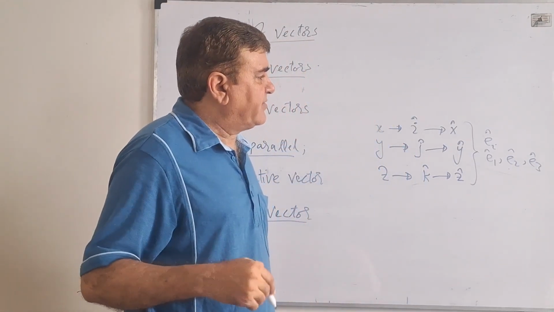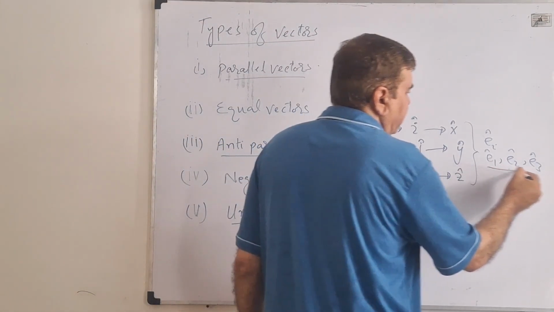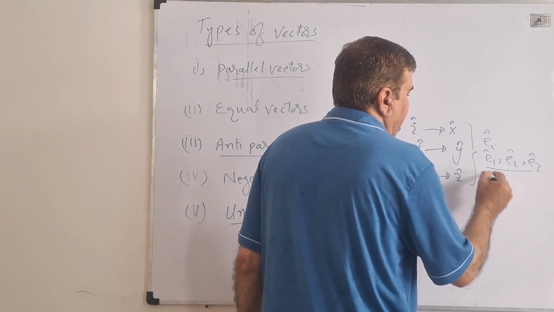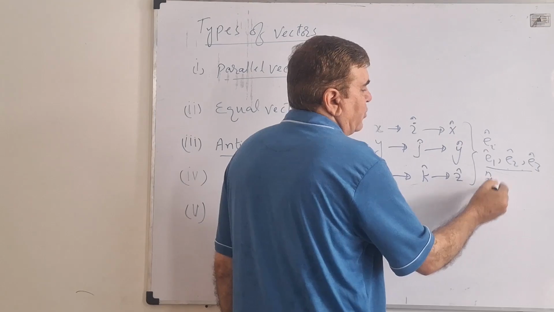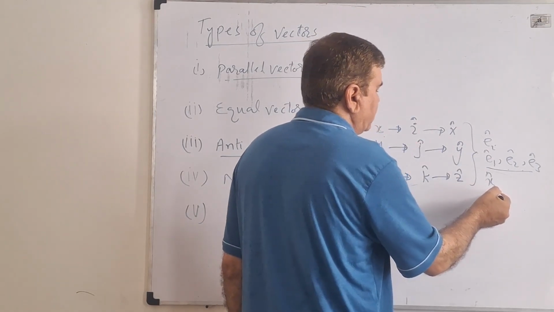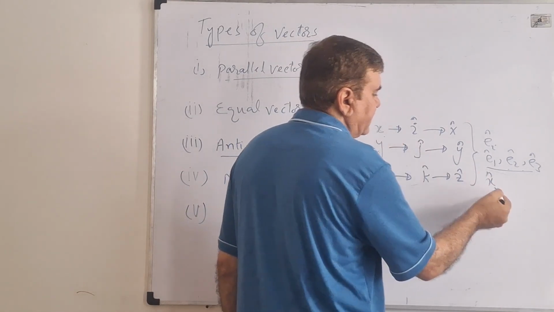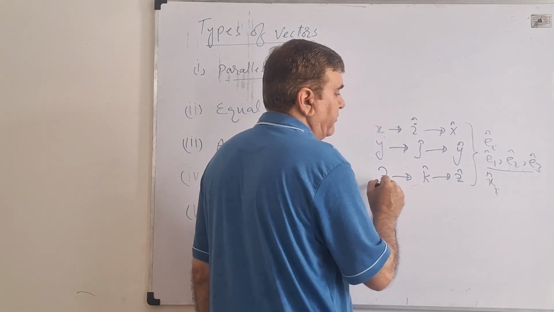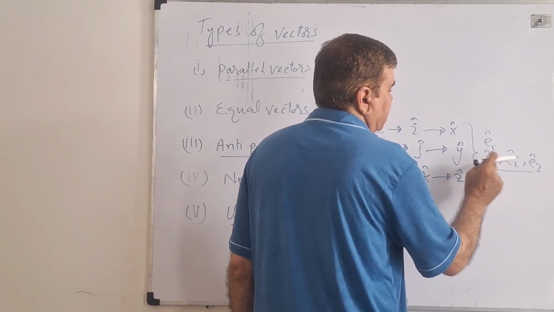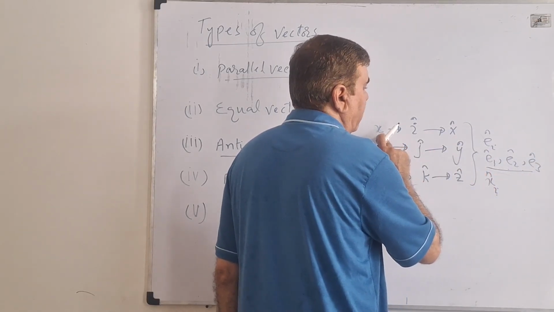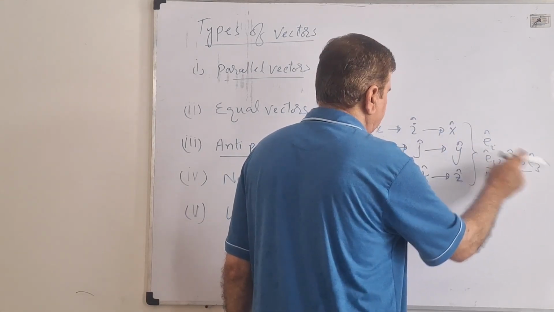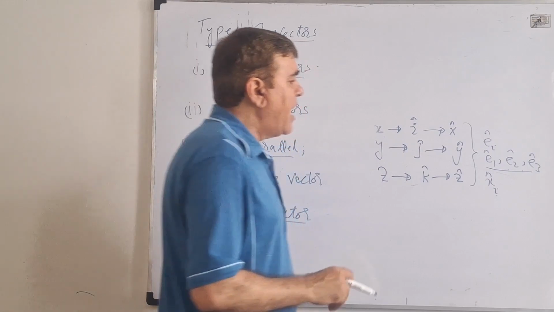And in a more abstract version, there is another variation where we write this in the form of x sub i, where i equals 1 is the unit vector along the x-axis, i equals 2 is along the y-axis, and i equals 3 is along the z-axis. Similarly, that pattern is followed here: e1 is the unit vector along the x-axis, e2 along the y-axis, e3 along the z-axis.